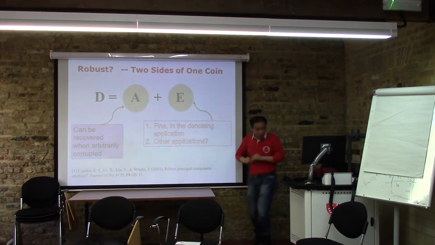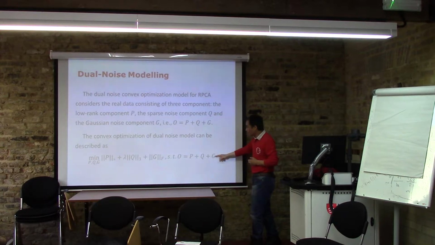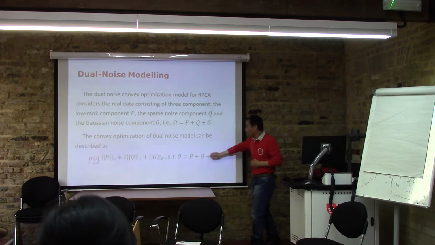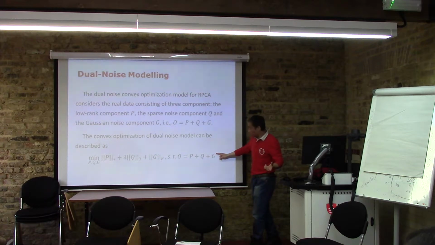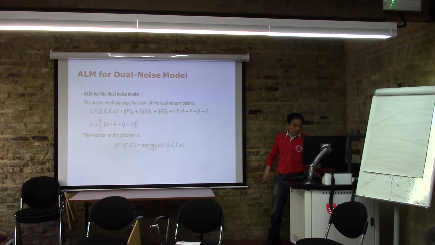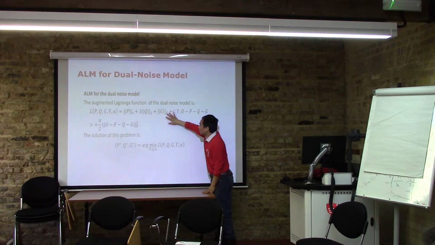So in my experiment, I tried to introduce real noise for some applications, for example, video surveillance. So we still use those sparse errors and some error very common and assumed to be in any application, for example, Gaussian noise. This is called dual noise, still with the same technique of Lagrangian solution.